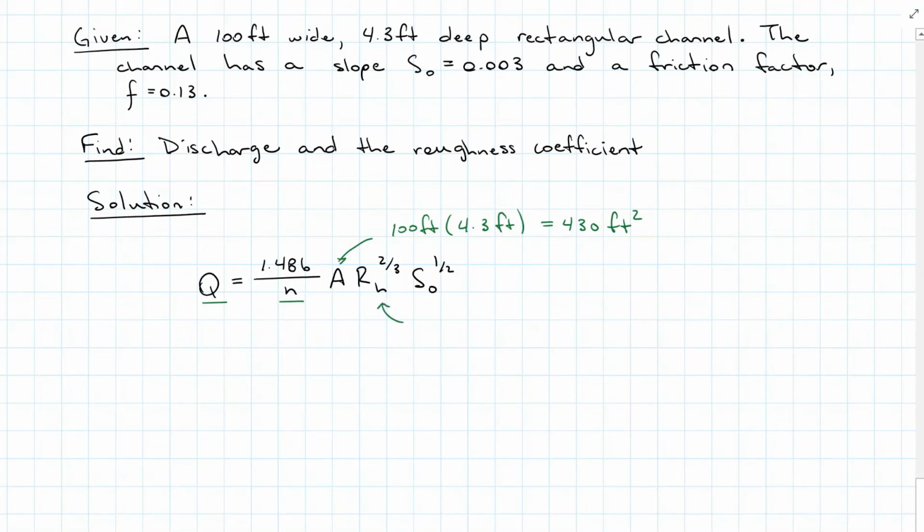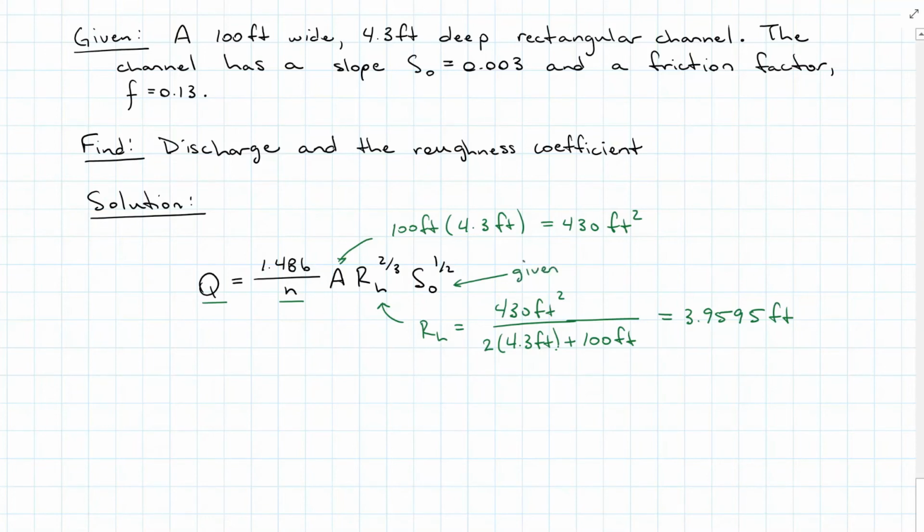And my hydraulic radius is going to be that area, 430 feet squared, divided by 2 times 4.3 feet plus 100 feet. And that gives us 3.95 feet.